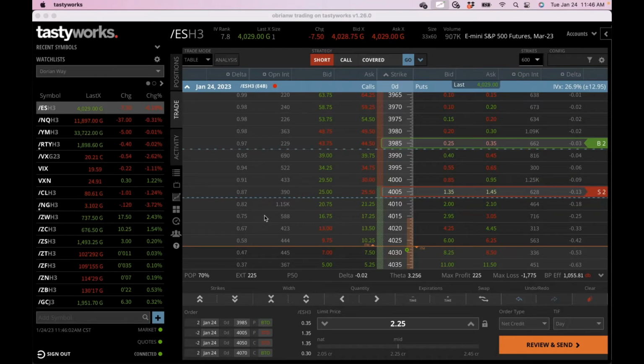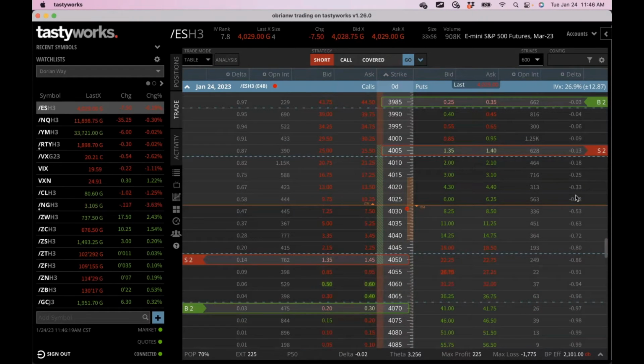So now, as you can see, this extrinsic area here, you're getting 225, and that's the max you can make. And when you're selling these kind of iron condors with short-term expiration, right now we're looking at the zero DTE day trade. Okay, so we set it up this way, trying to collect this amount of capital.